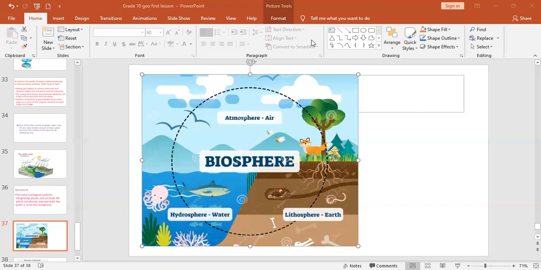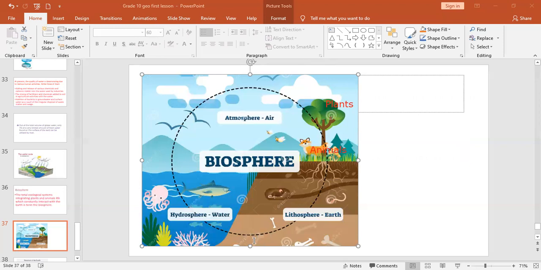We can mark living components and non-living components also. Plants. Animals.